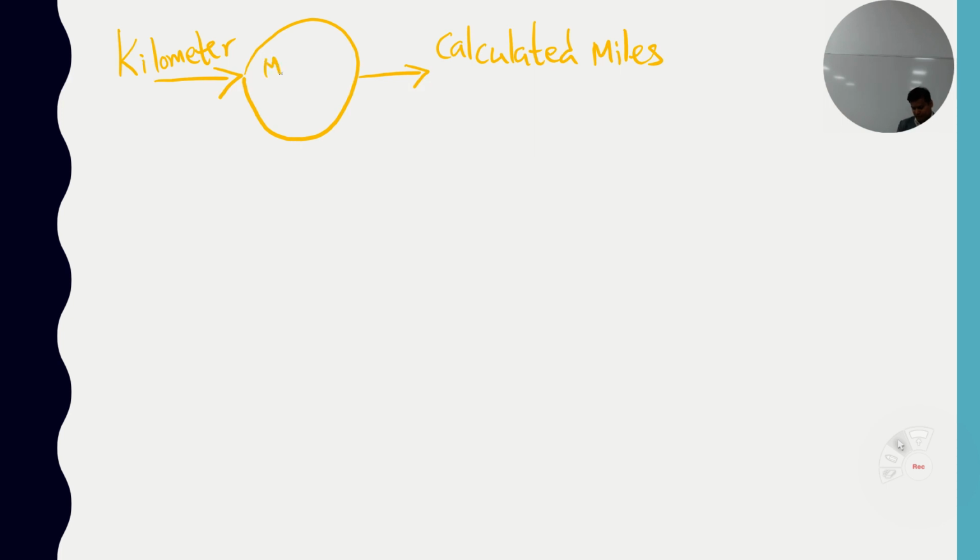Miles equals kilometer times that C value, and initially we had 0.5, right, and we got some error. We know the error over there.